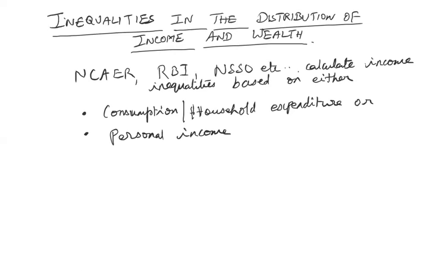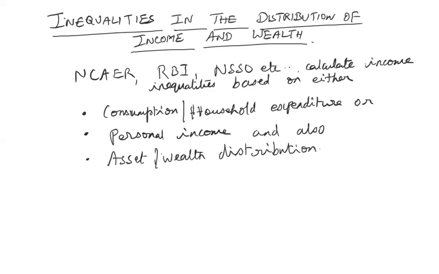So either from the expenditure point of view or the income point of view, income inequalities are calculated. Apart from income and expenditure, it is also calculated based on asset or wealth distribution, like property, land, etc. These are the various ways income inequalities in the country are evaluated.